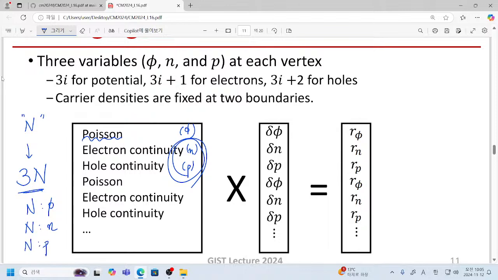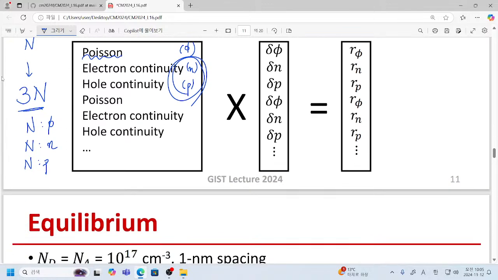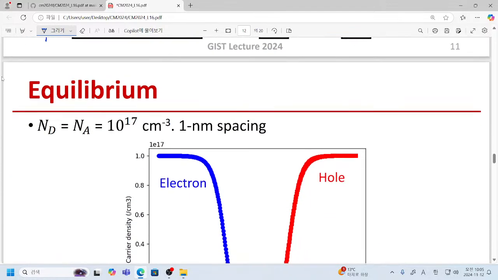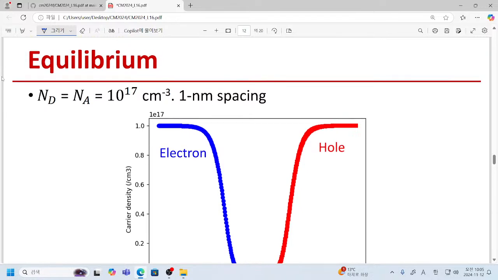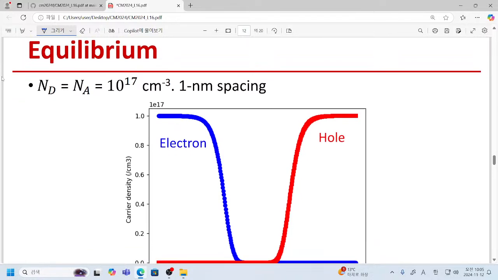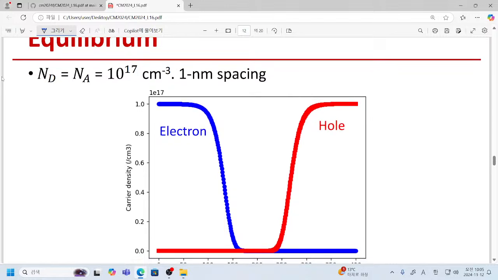So you can generate a large system and apply the same method to your problem. So I just let you solve the equilibrium case first.